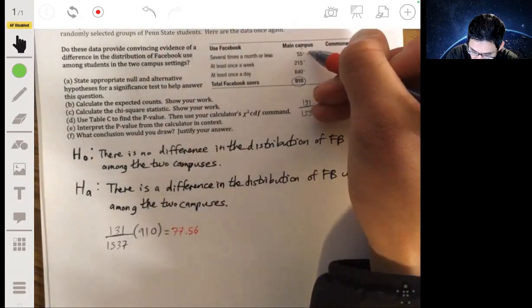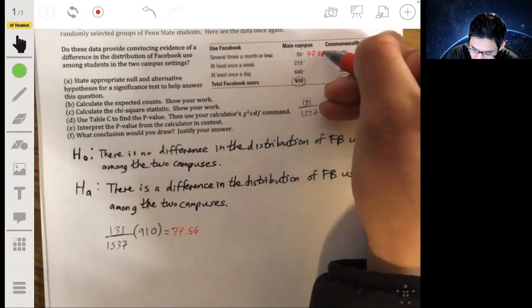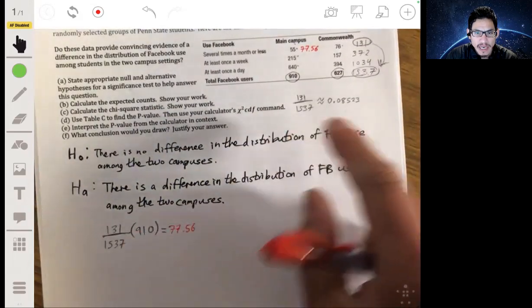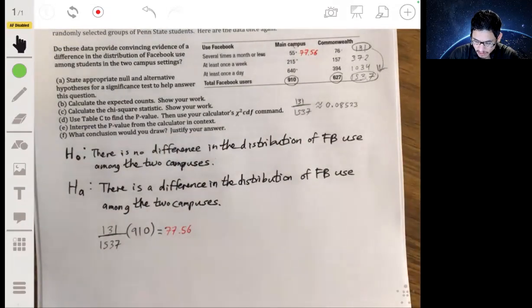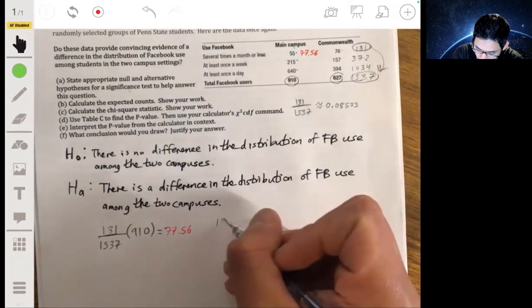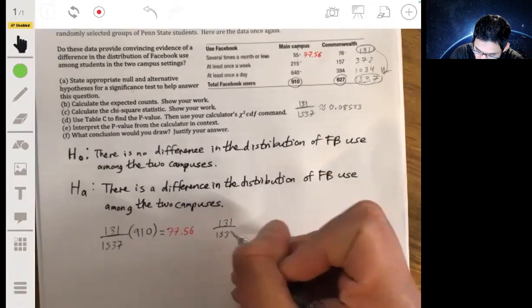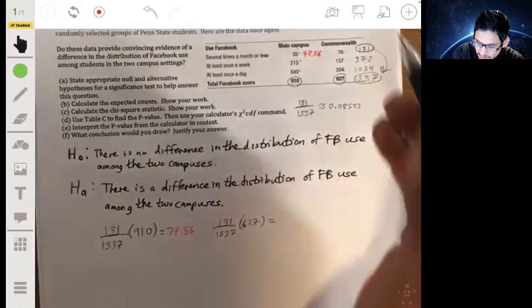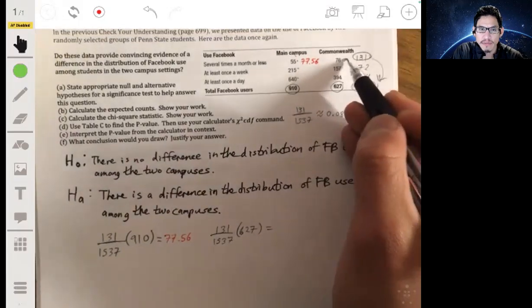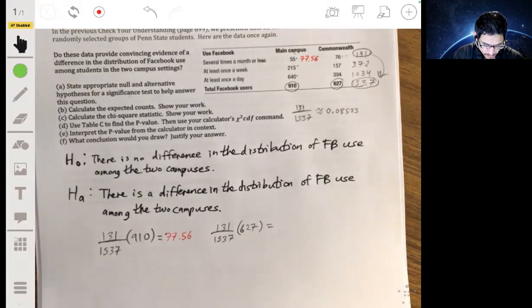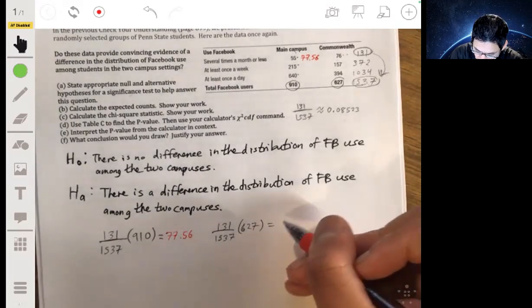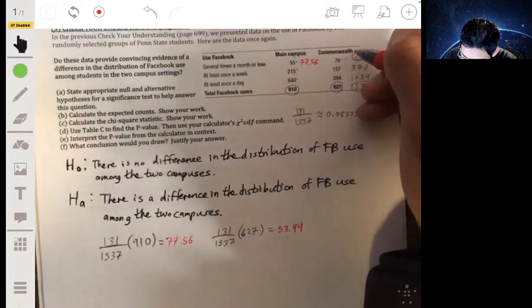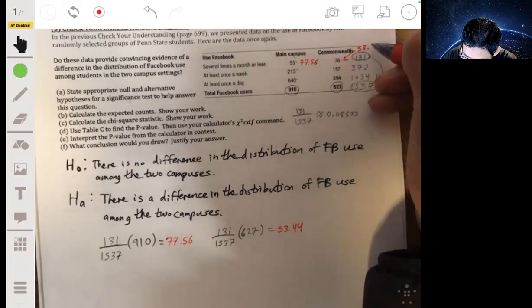So this would be 77.56. And then we do this proportion times 627. So our other one would be 131 over 1537 times 627. That'll give us the expected count for the Commonwealth campus. And we would get about 53.44. So there we would have 53.44.